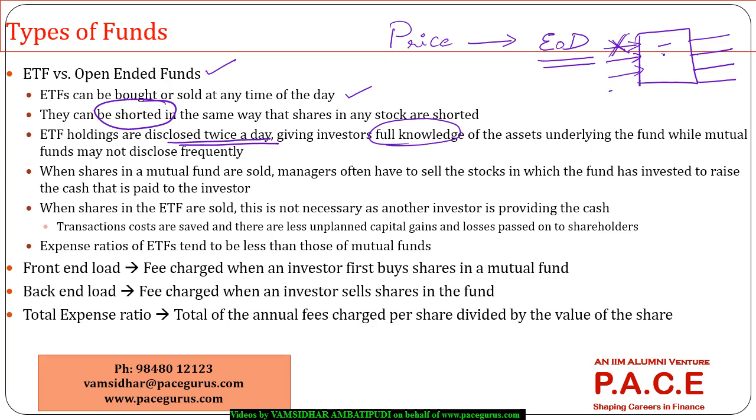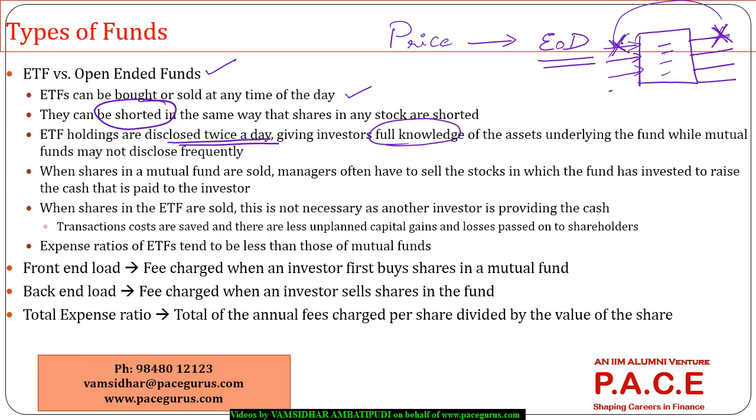Now this mutual fund manager may have to sell off some of the shares so that my payment can be made. Whatever amount needs to be given to me has to be paid. Because of which the fund has to actually raise the cash by selling some of the existing investments so that they can fund my redemption.